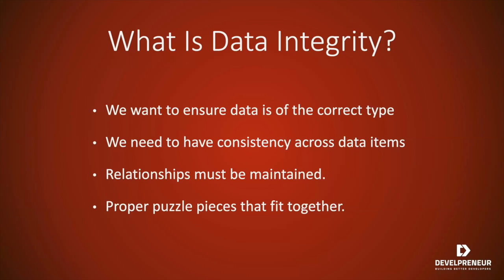We also need to have, with data integrity, so it's the type, but it's also that when we have relationship data between tables, that those are consistent. And this often is going to be in foreign key relationships. So for example, let's say you have a person record in the database. You have a table for people, and then people can have multiple addresses.